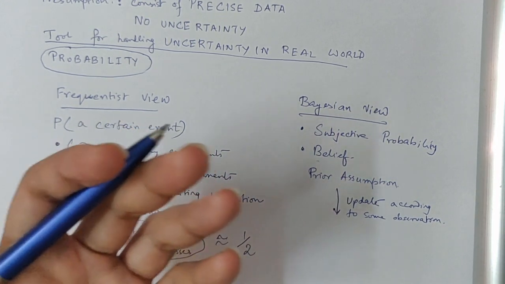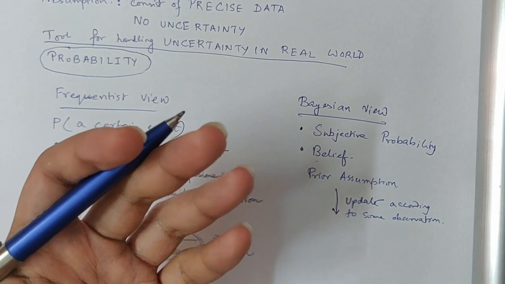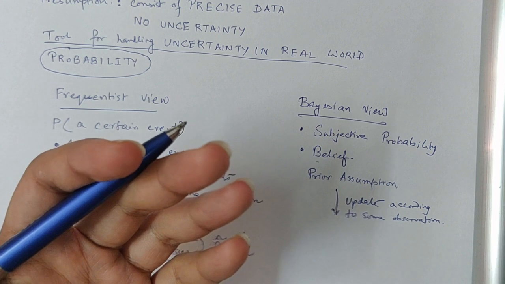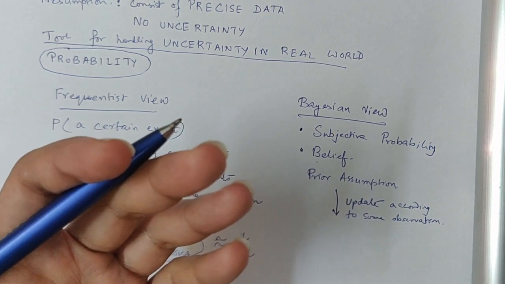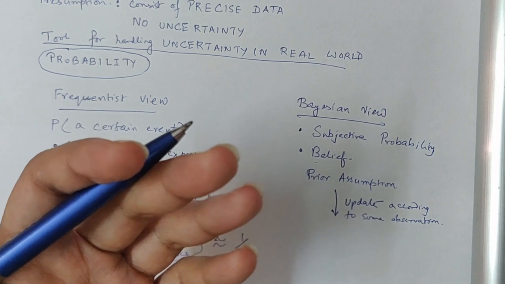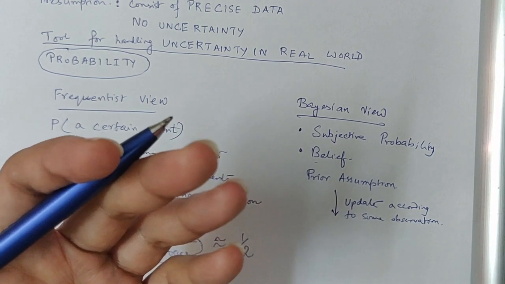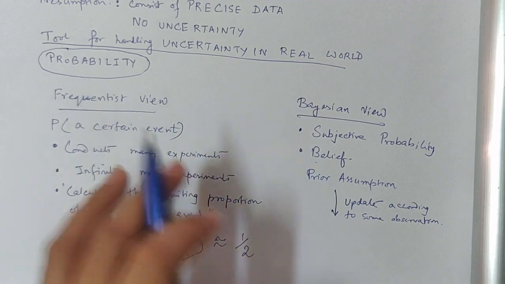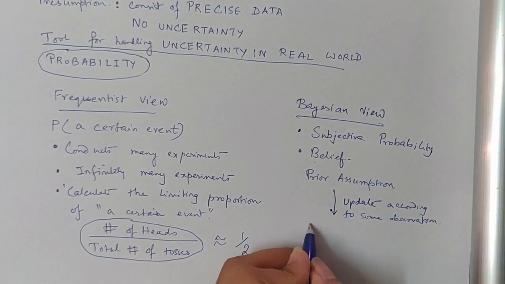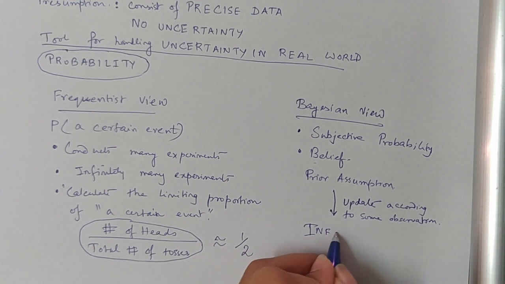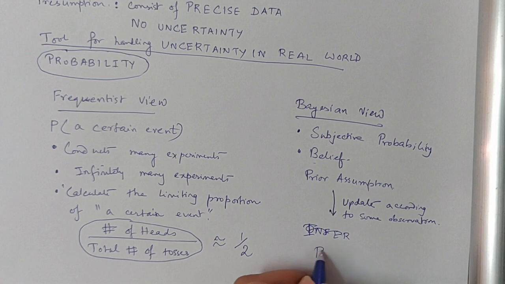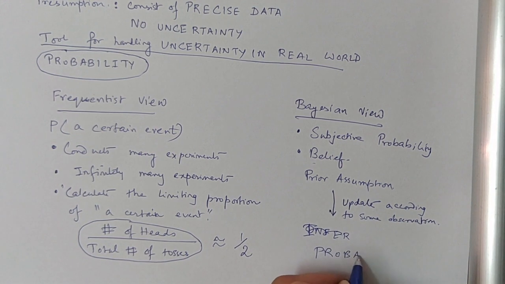How we update our beliefs, and then according to the changed belief we do some action, is again the reasoning, and that is what we are now going into understanding. That is called inferential reasoning, or I should say probabilistic reasoning, kind of.